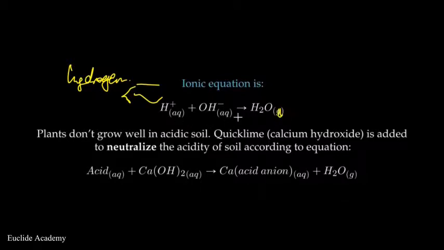So, we can have situations where we need a neutralization reaction to happen. Farmers, for example, have soil which is acidic, and the plants won't do well if the soil is acidic. So sometimes they get what they call quicklime, which is just calcium hydroxide, and we know that calcium hydroxide is an alkali.